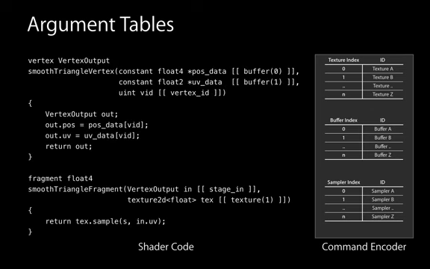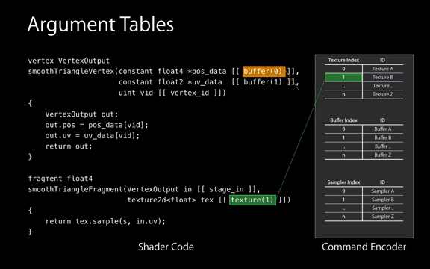So in this, we have a vertex shader and a fragment shader in Metal shader code on the left. And you'll see it looks quite familiar. You'll get a lot more information about how this works in the next session, but you can get a good sense of how this works just from looking at the code itself right here. So in the fragment shader, we're simply referring to texture at index 1 to identify that we would like to use the texture that we set up in the command encoder to read in this fragment shader.